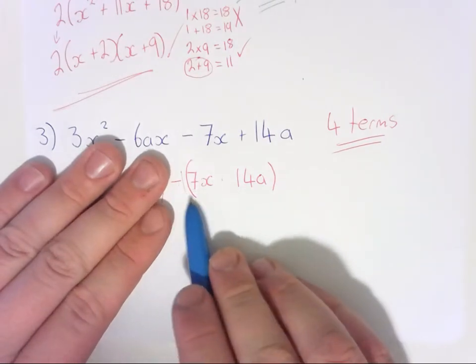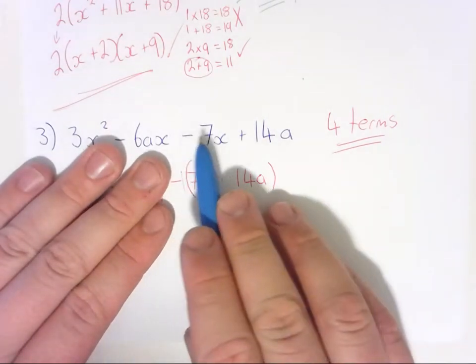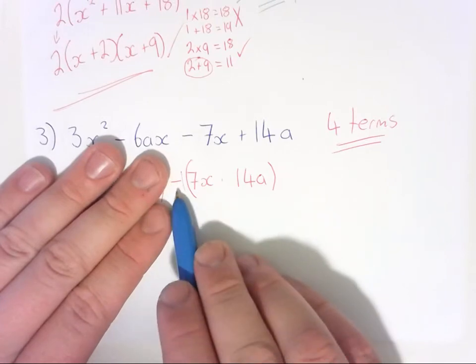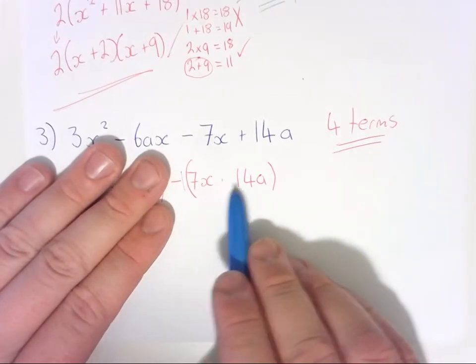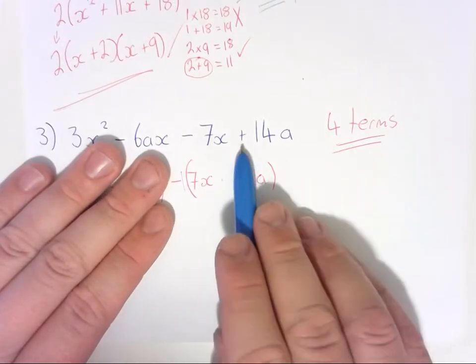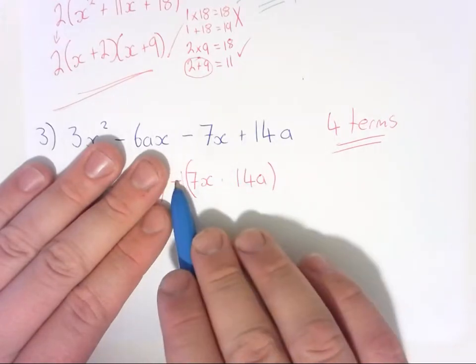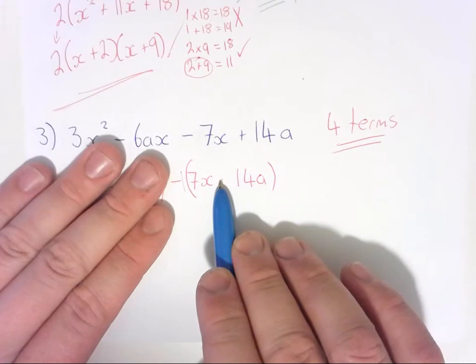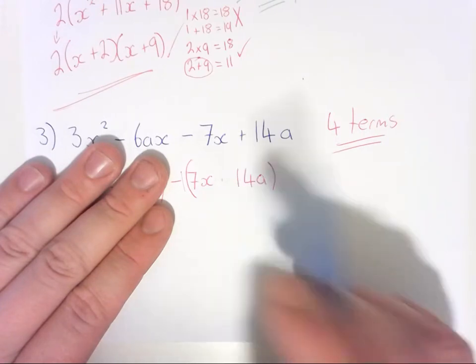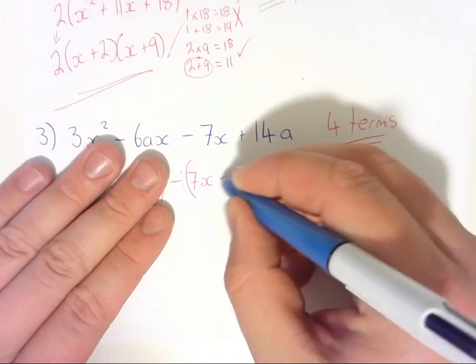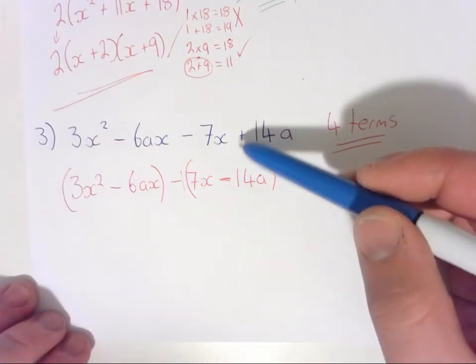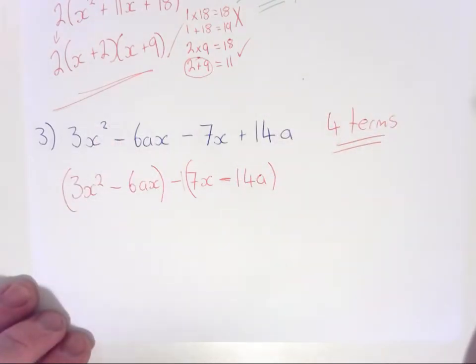Negative 1 times 7x gives me negative 7x, cool. But negative 1 times positive 14a doesn't give me positive 14a. A negative and a positive makes a negative. I need a positive here. So I just need to change this sign to a negative.